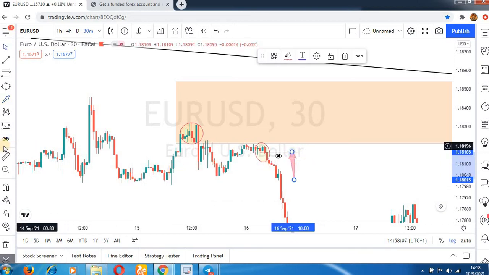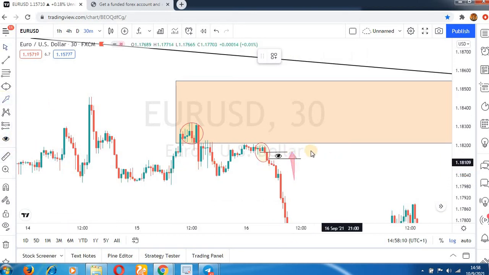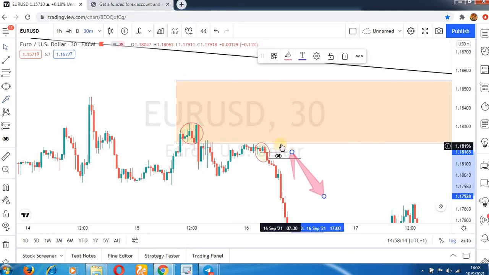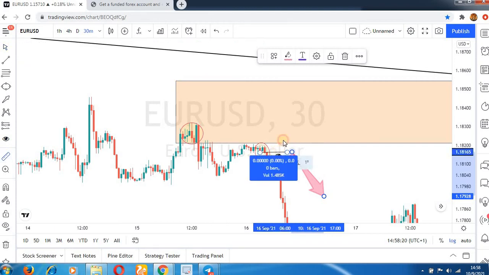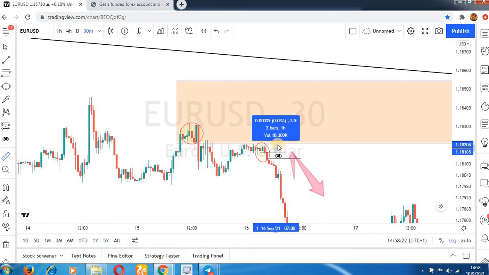After filling up the imbalance, then it starts falling. Then you see that I've just missed this trade by this space, and this space is not up to 2 pips. I've had cases like that. That's why I started learning how to refine other blocks based on the imbalance available.